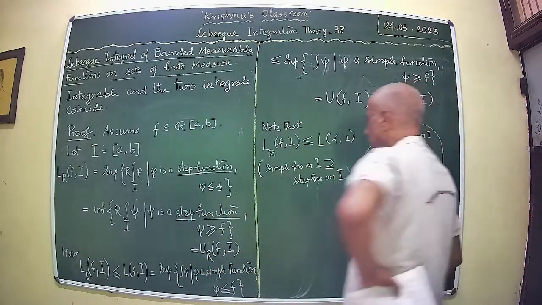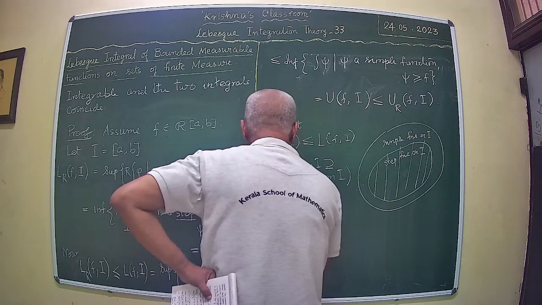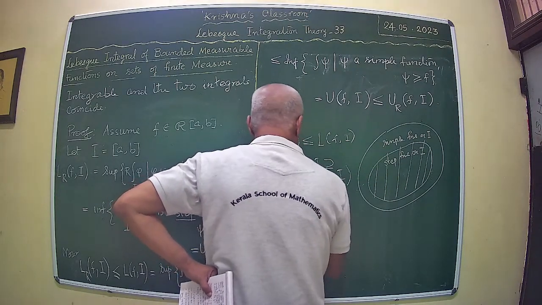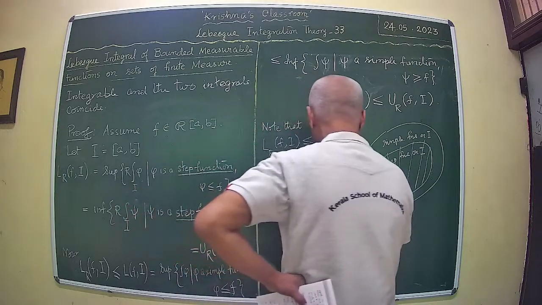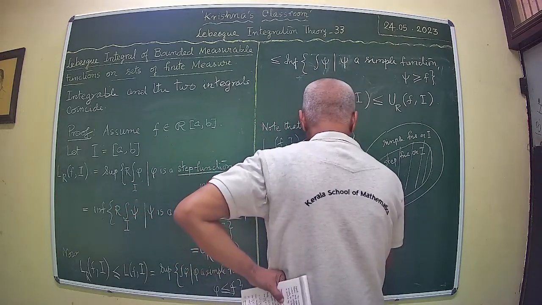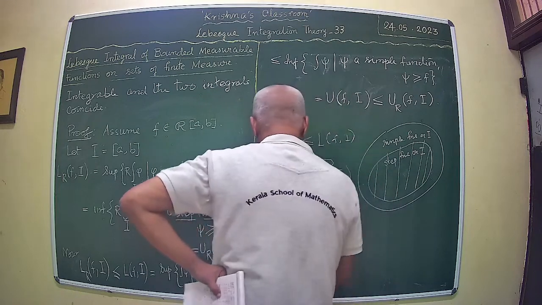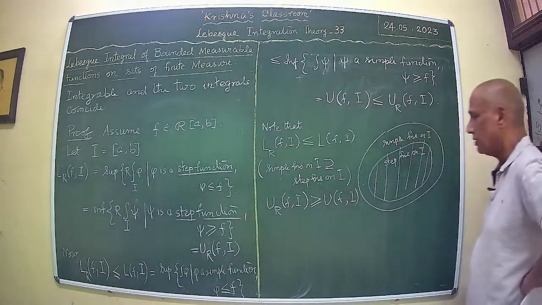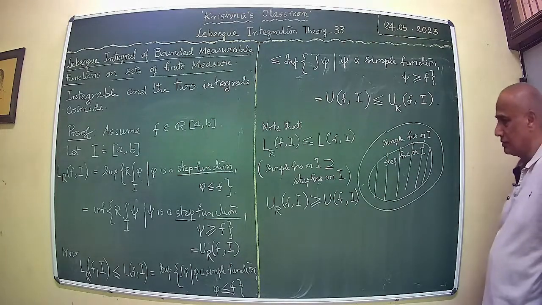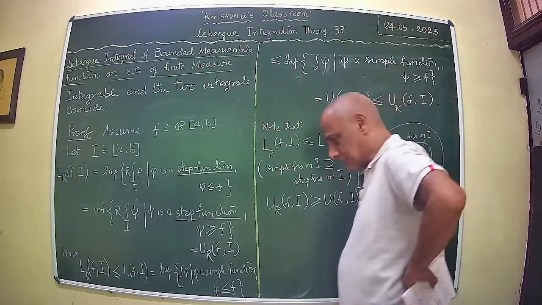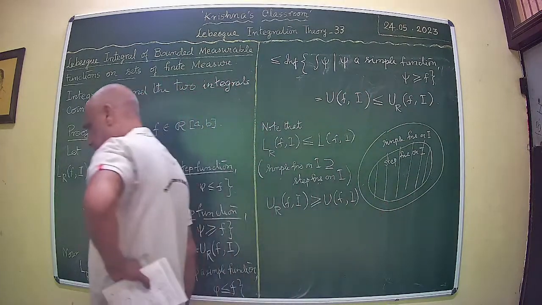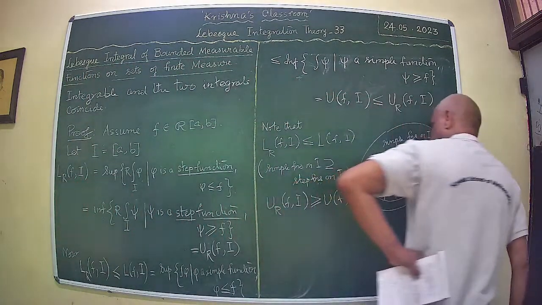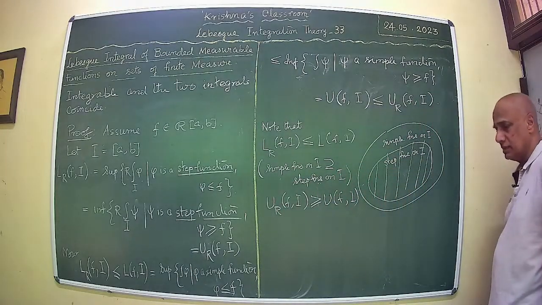Similarly, you have UR, once again for the same reason, that is, simple functions on I are from a larger collection than the step functions, and every step function on I is a simple function.